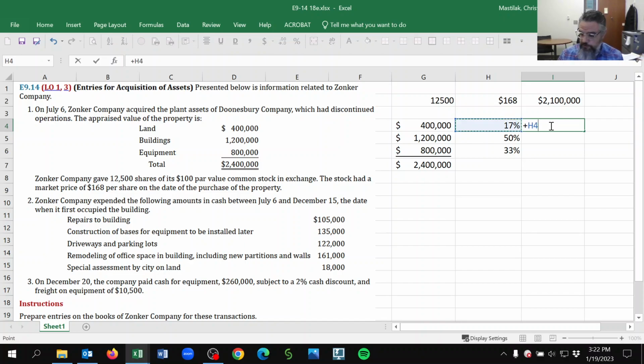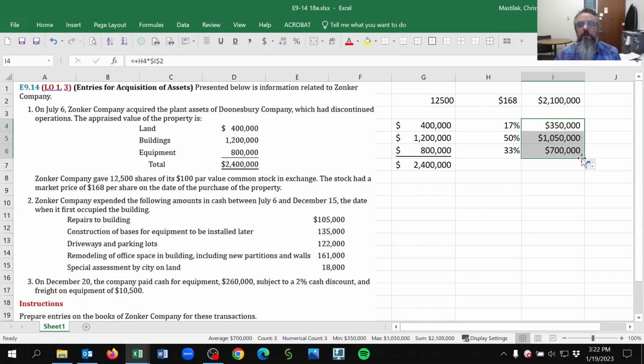And we're going to take each of these and multiply them by the total value of the transaction. And so we know that the land is going to be recorded at a cost of $350,000. The buildings will be recorded at a total cost of $1,050,000, and the equipment will be debited for $700,000.